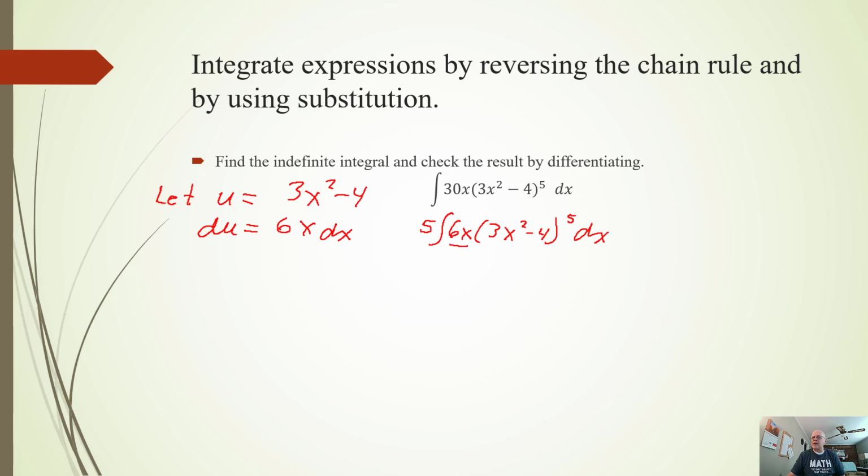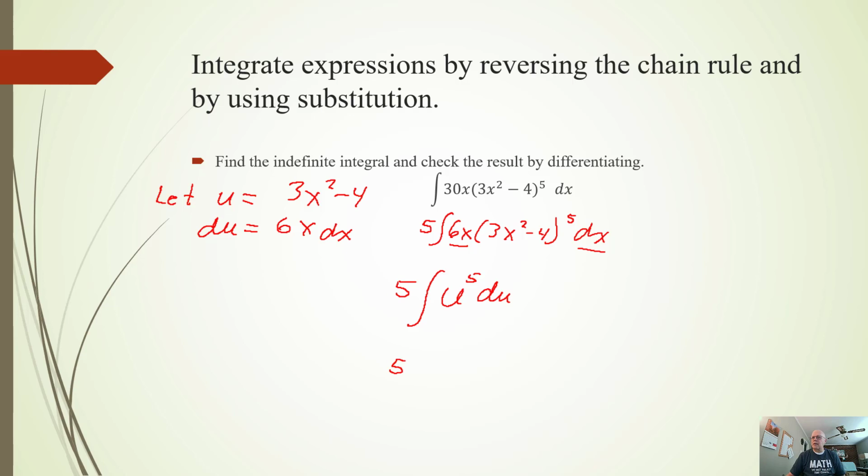Now we've got the 6x dx, that's our du. So if we put those two together, that's du. We've got u to the fifth power du, and the 5 out here.